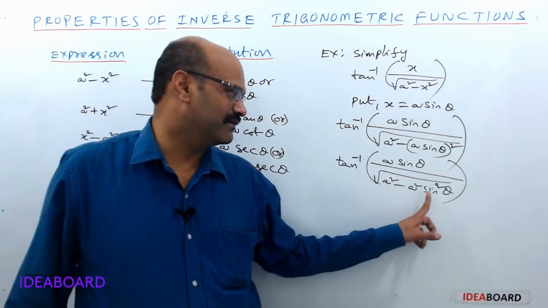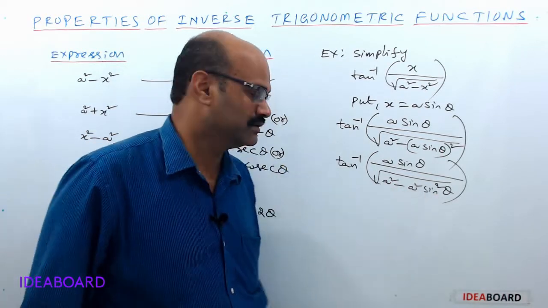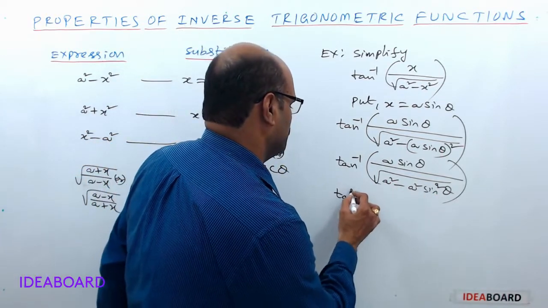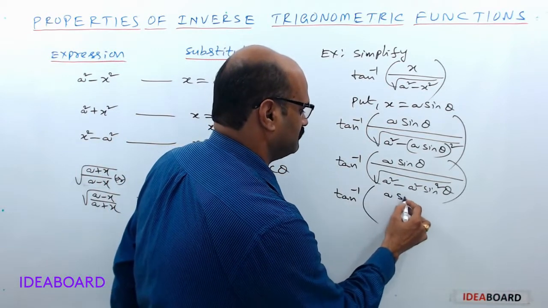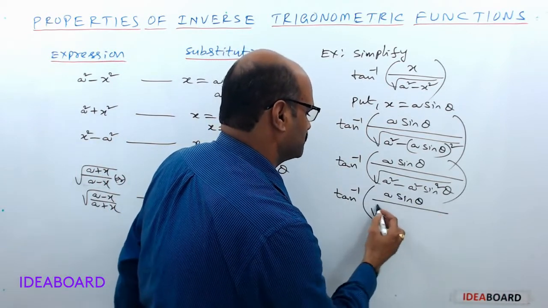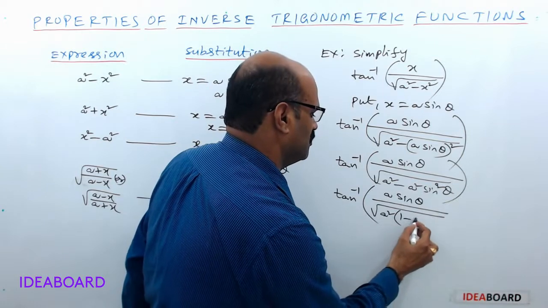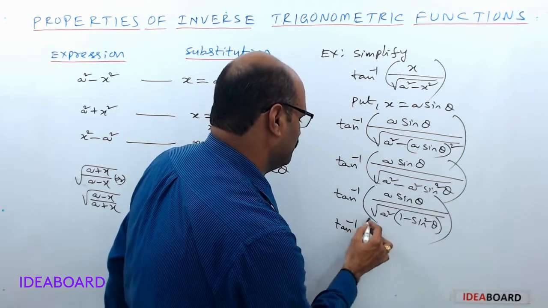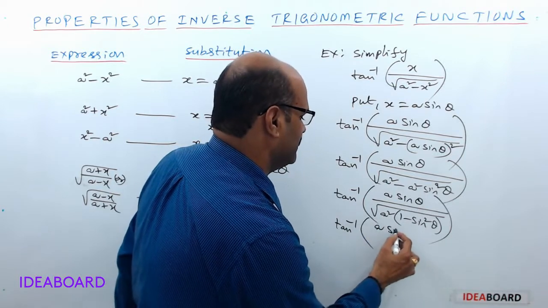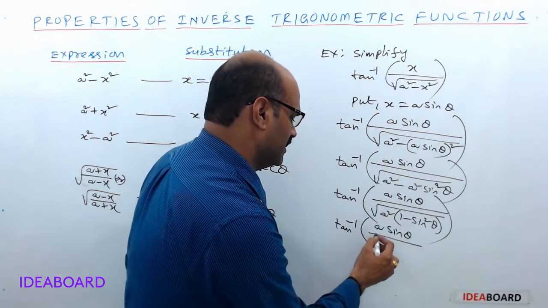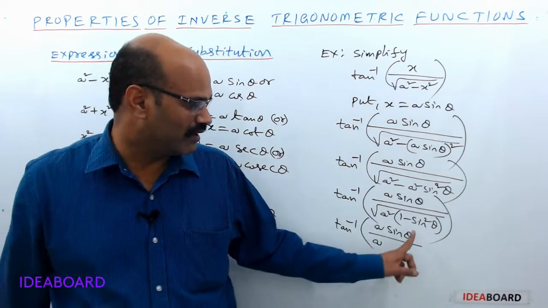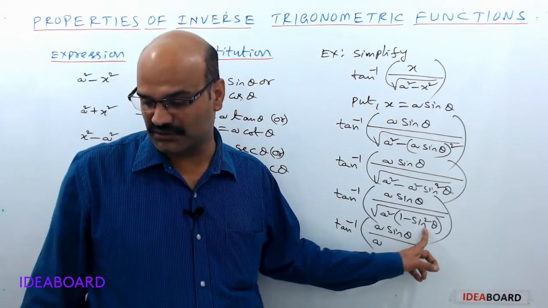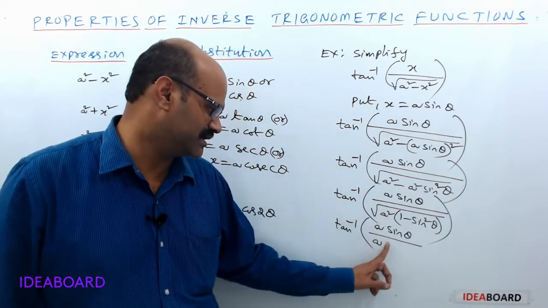Now, in the denominator we have to take common a square here. So, it implies tan inverse of a sin theta by square root of a square into 1 minus sin square theta. So, tan inverse of a sin theta by root a square, that is a, and 1 minus sin square theta equal to cos square theta. So, root cos square theta equal to cos theta.